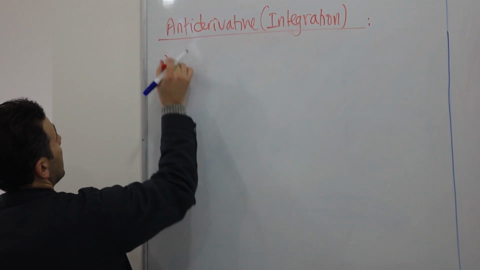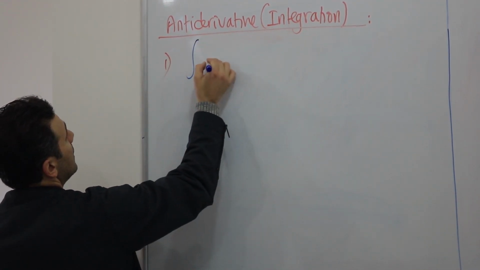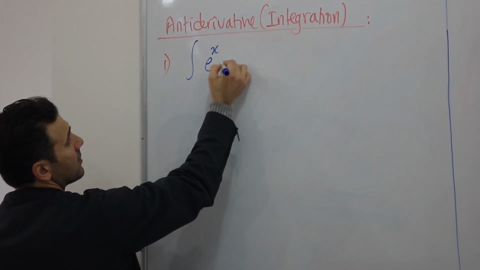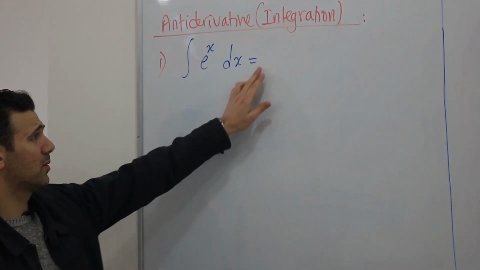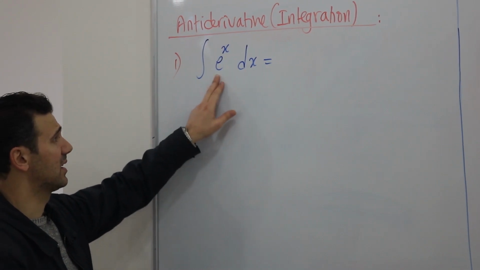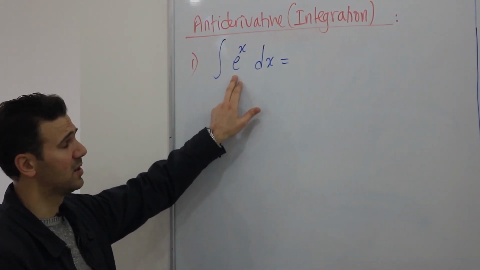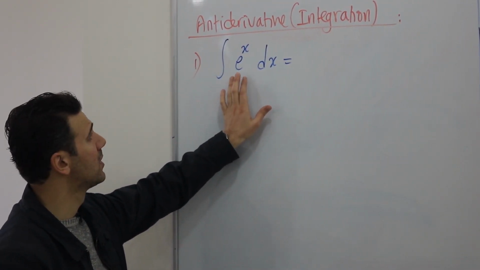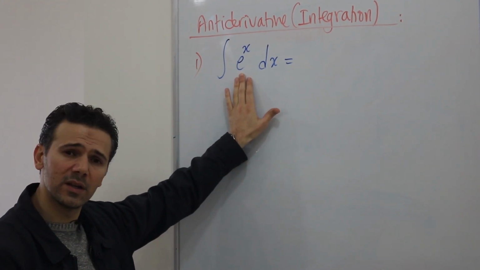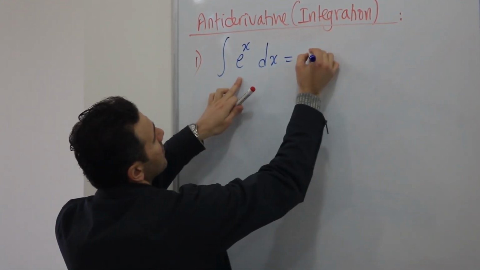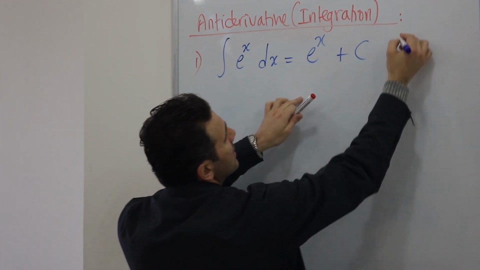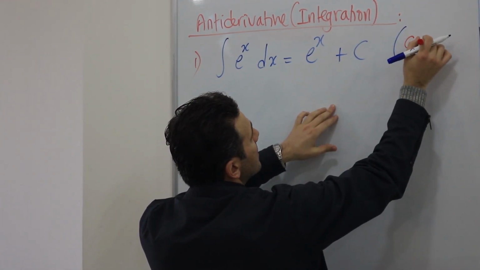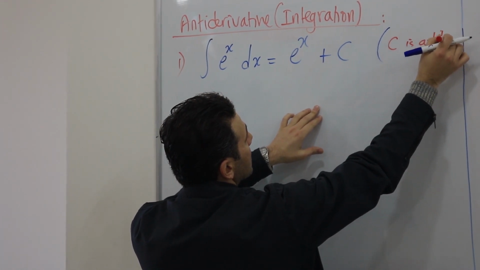The first case we have is the integral, the antiderivative, of e^x dx. Think about the function whose derivative is e^x. This is the concept of integration. The function whose derivative is itself is what? e^x itself. Always don't miss this constant c, where c is an arbitrary constant.